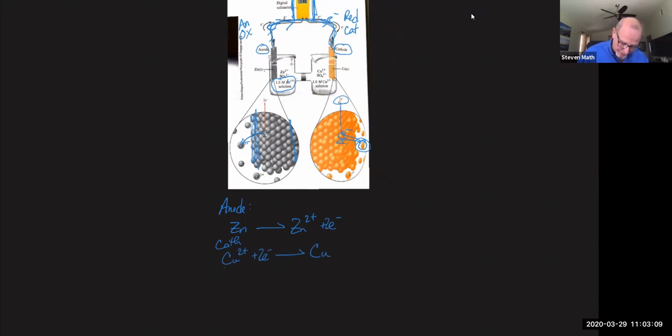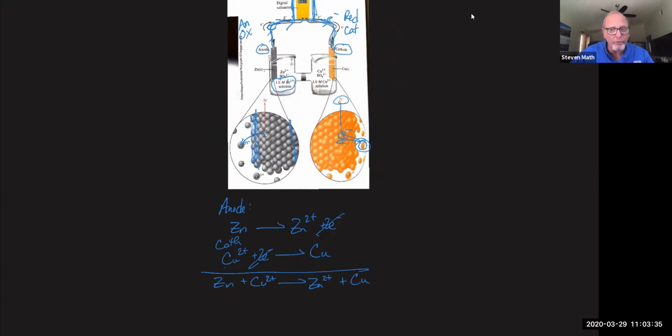That better be 2 electrons up top as well. Like all redox reactions, the 2 electrons cancel. And what's my net? My net is zinc plus copper 2 plus goes to zinc 2 plus and copper.